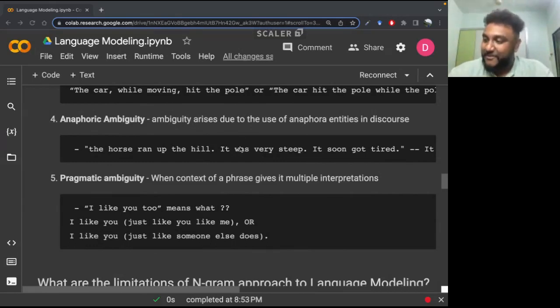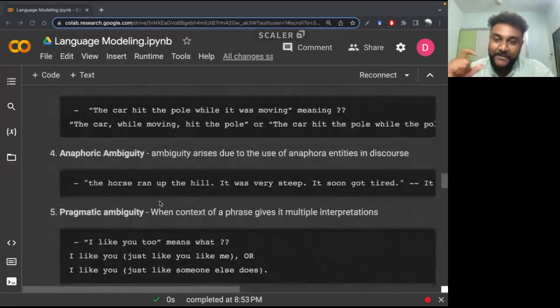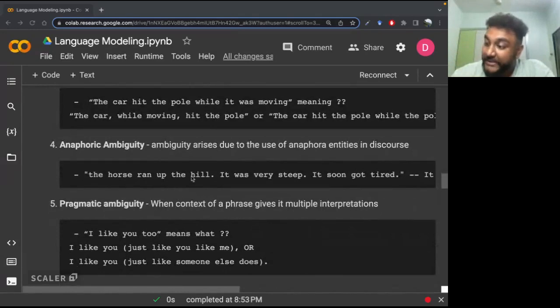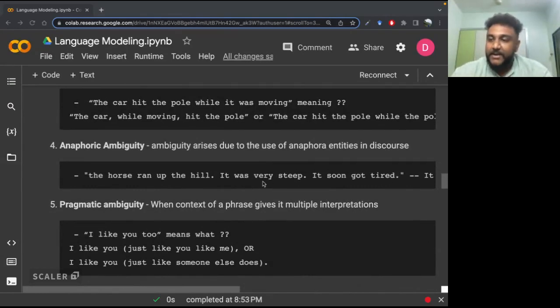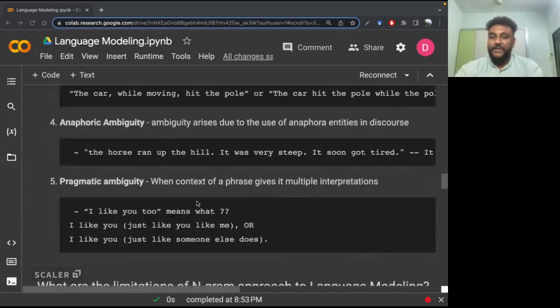So all these problems that we are having here, all these ambiguities, exist because there is no context for these sentences. So if I stop over here, it is very, very unlikely that my model will predict this correctly. Okay. So the whole point of discussing all these ambiguities is that bigram, trigram, n-gram models in general cannot figure out what to predict because they don't have such high contextual information, right?